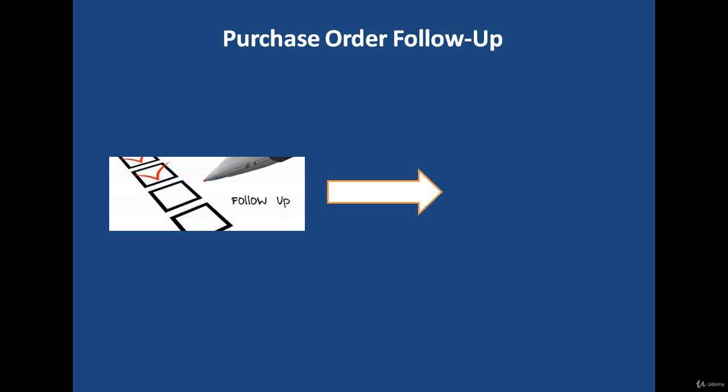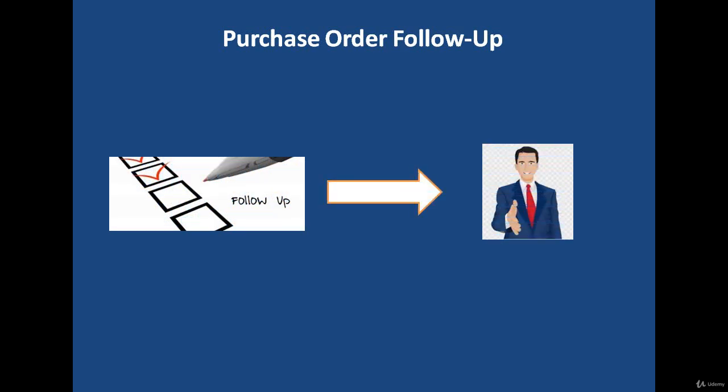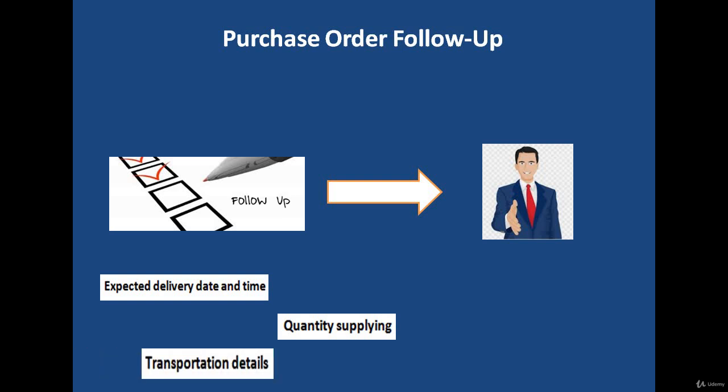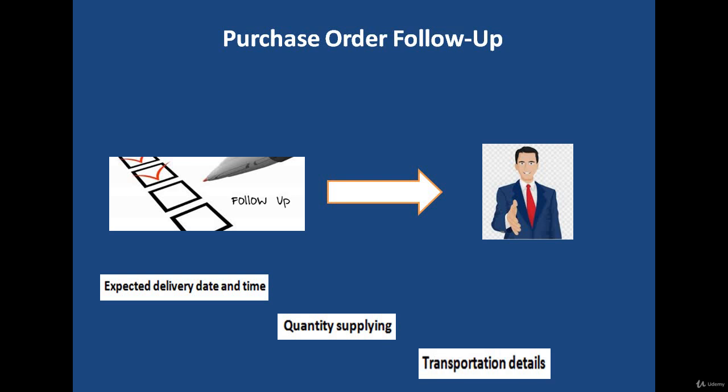like when we can expect the delivery, when they are going to supply the material, how much they are going to supply, and with what kind of transport they are going to supply, like expected delivery date and time, quantity supplying, transportation details, and so on.